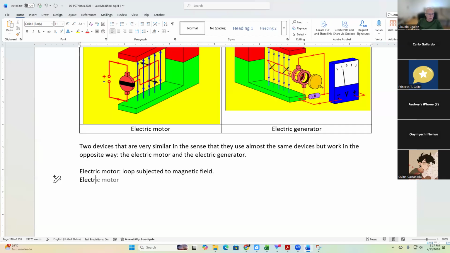Electric generator: also, we have a loop subjected to a magnetic field.